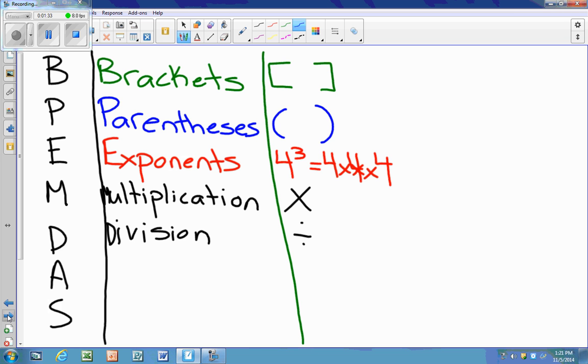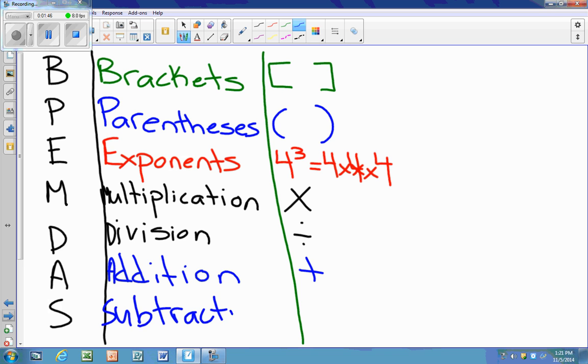And the last one would be addition, and then subtraction, same color, goes with it also. They're at the same time, left to right.